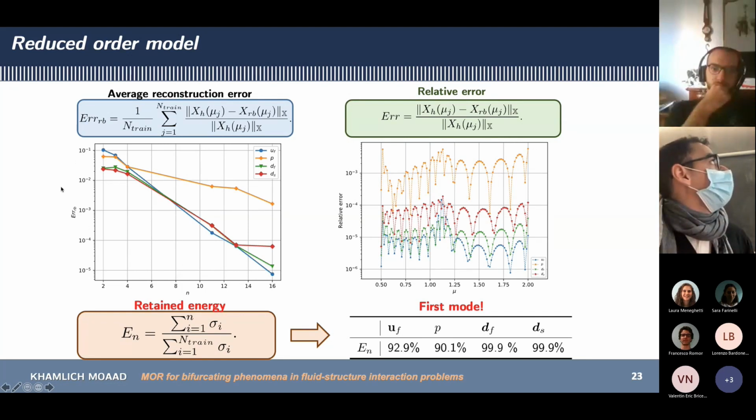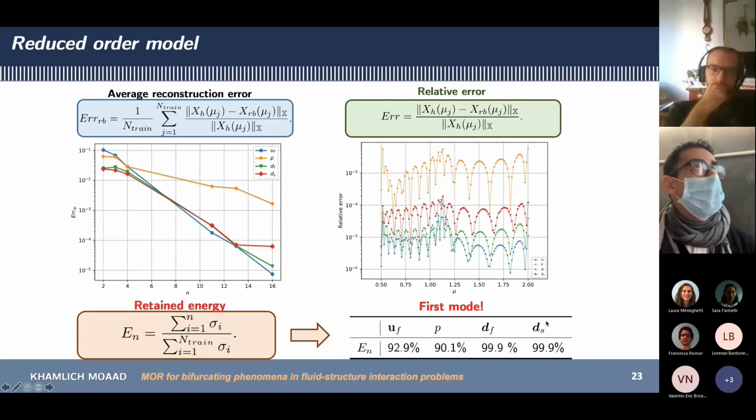And since this is a logarithmic plot, we can observe an exponential decay. In particular, we have found that a single mode was sufficient to retain more than 99% of the variance of the snapshot for both the displacement fields. So for the fluid displacement and the solid displacement.